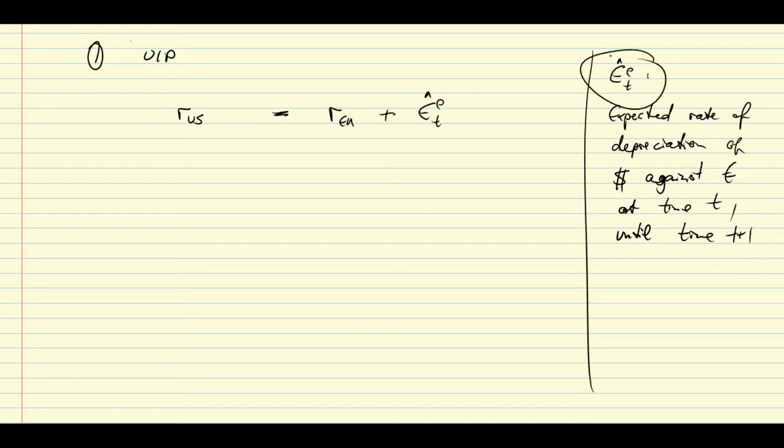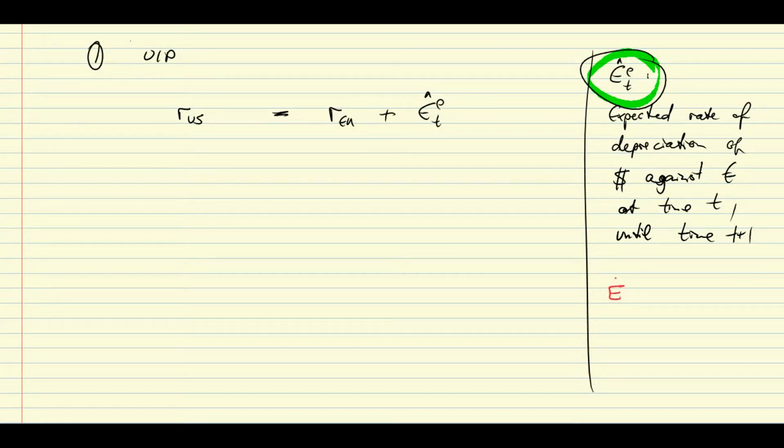So E hat ET denotes a proportional growth rate, and the higher ET, the more depreciated is the US dollar.